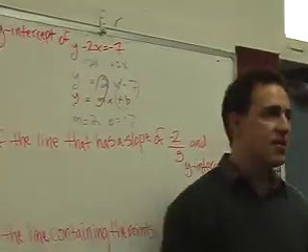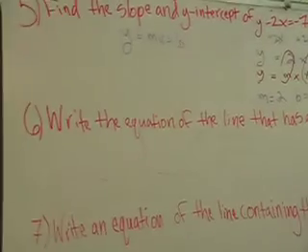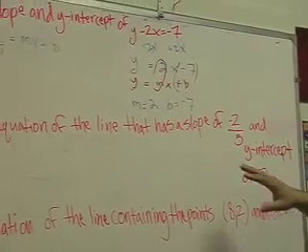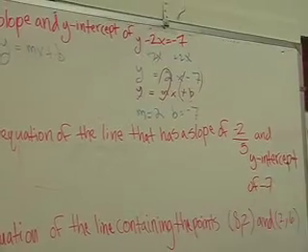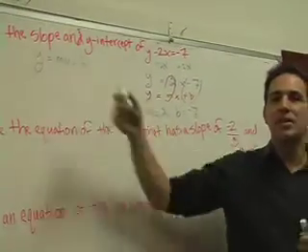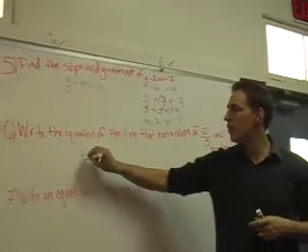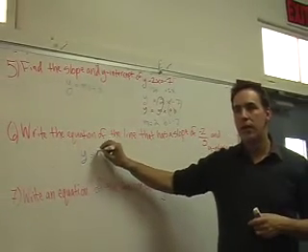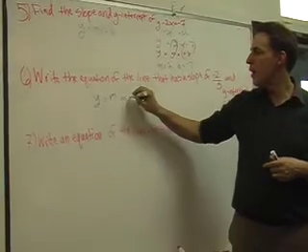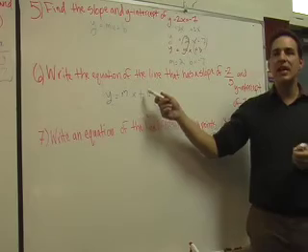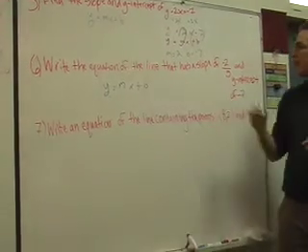All right, number 6. Write the equation of the line that has a slope of -2/5 and y-intercept of -7. Easy peasy. What is our main formula of the line? y equals mx plus b. What have they given you in this question?